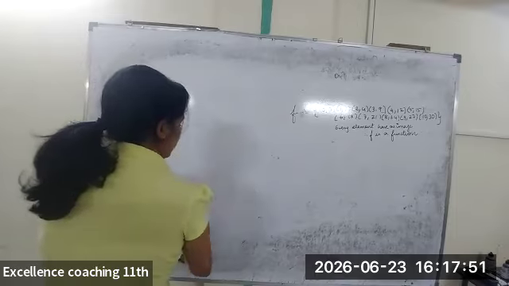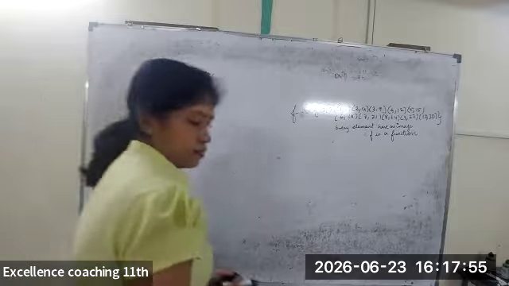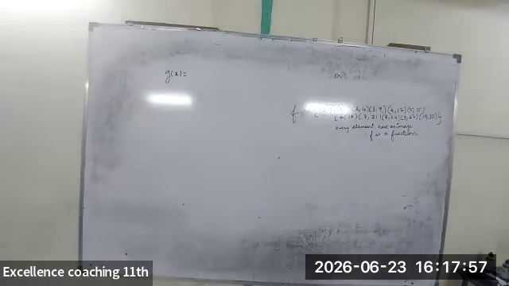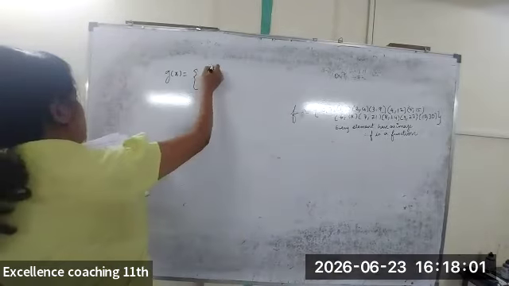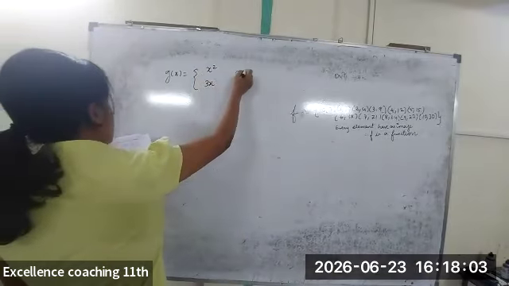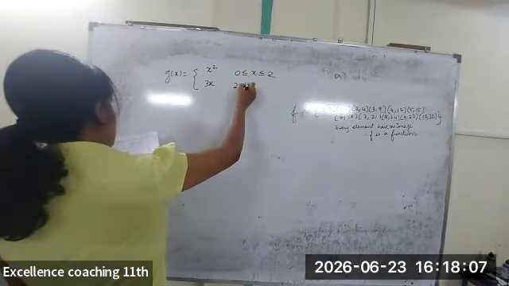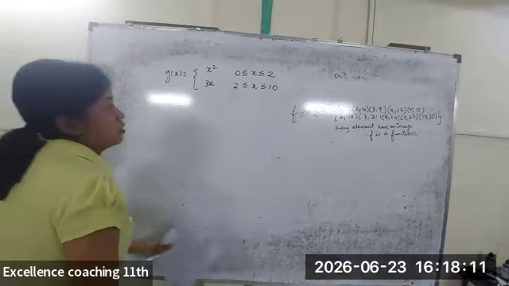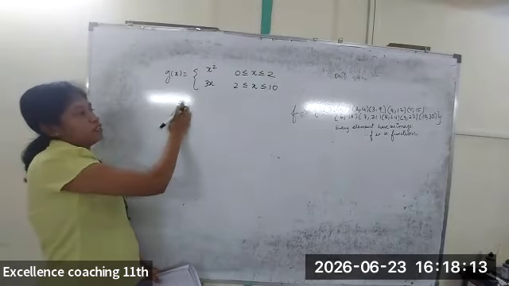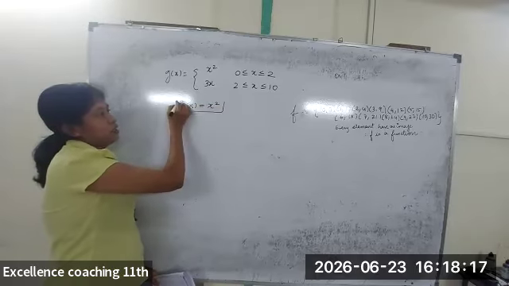Now we'll say g of x. 2 it is. Now g of x we will take as x square.